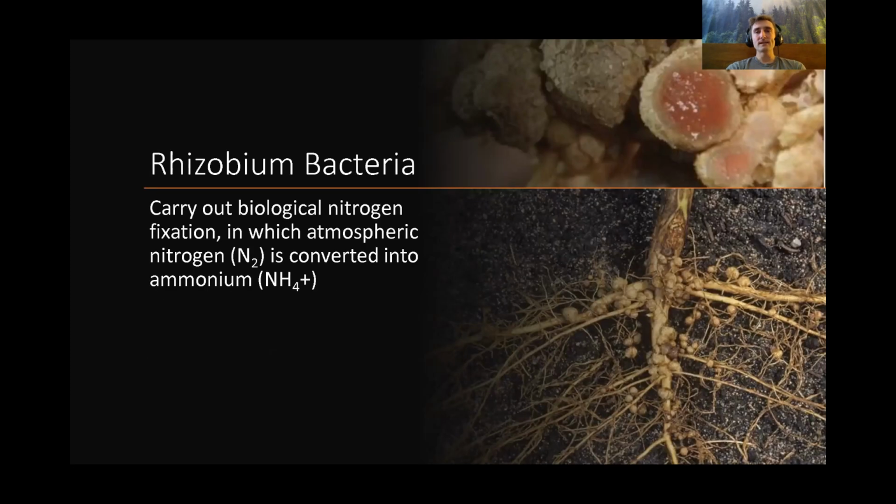Now, how do plants get nitrogen? We know they get it in a water-soluble form. We've talked about some of the roles that bacteria and fungi play in the soil with soil ecology. And here we see a little bit closer look at the rhizobium bacteria.